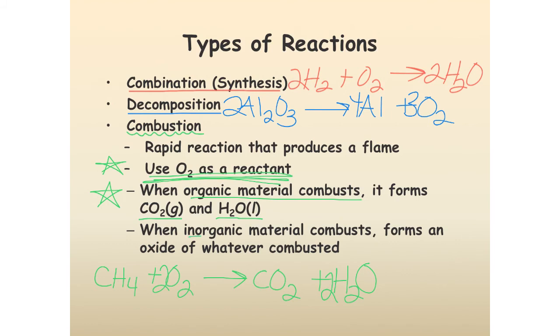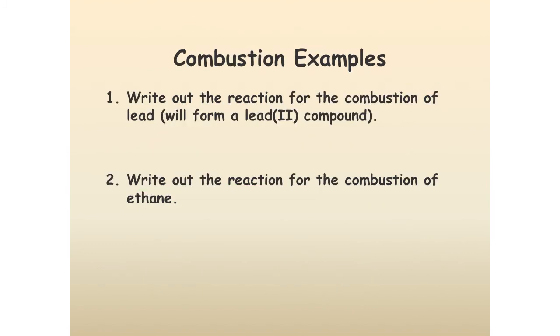If we have an inorganic substance, so not carbon-based, it will form an oxide of whatever combusted. And we'll look at an example in a second. All right, so we have our two reactions here. So write out the reaction for the combustion of lead.